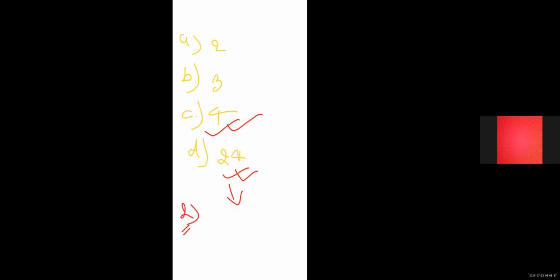Option B is Global Positioning System, that is GPS. Option C is Passive Remote Sensing. Option D is Active Remote Sensing. I repeat the question again.